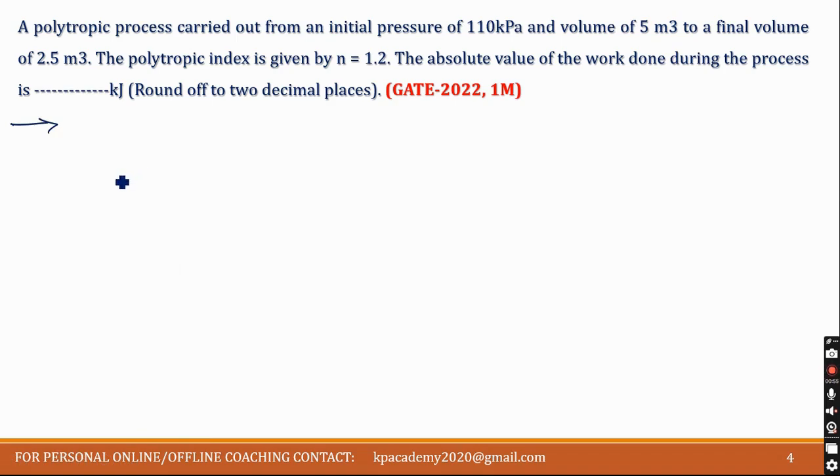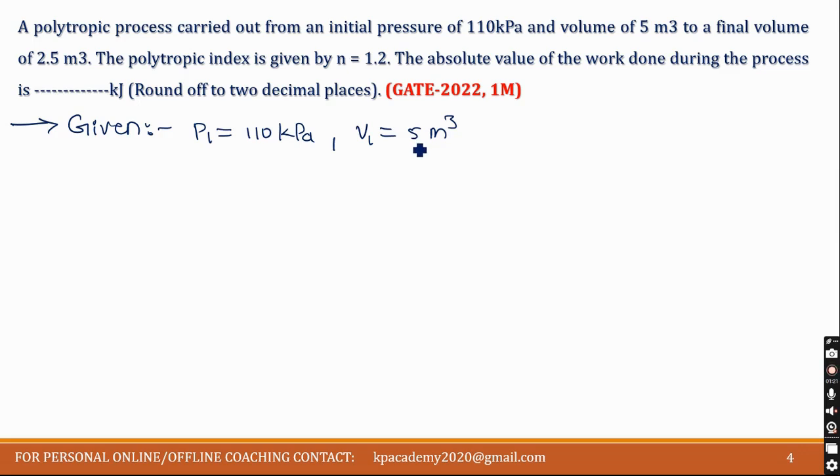So first of all, what is given here in the numerical? It is a polytropic process, and initial pressure and volume are given. So we'll note down the given data first. Initial pressure P1 is 110 kilopascal and the initial volume V1 is 5 meter cube.